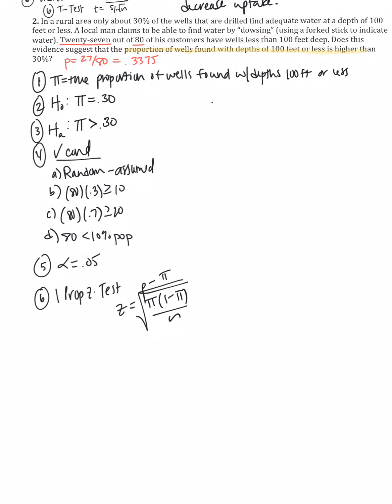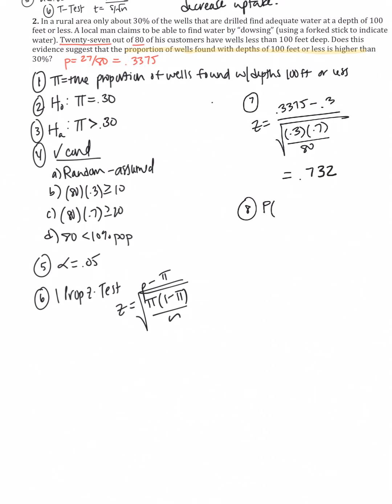Anyways, step 7. z equals 0.3375 minus 0.3 over the square root of 0.3 times 0.7 over 80. Let's see what we get for the z value. All right, I got 0.372. So for step 8, they should match.